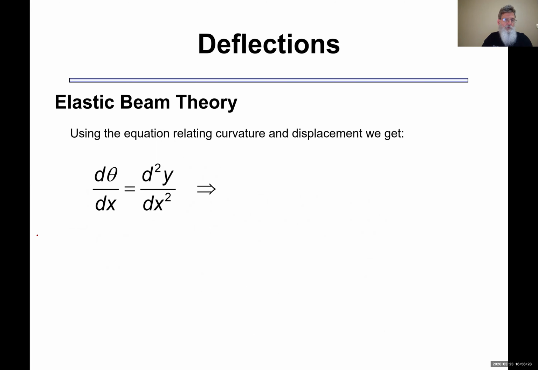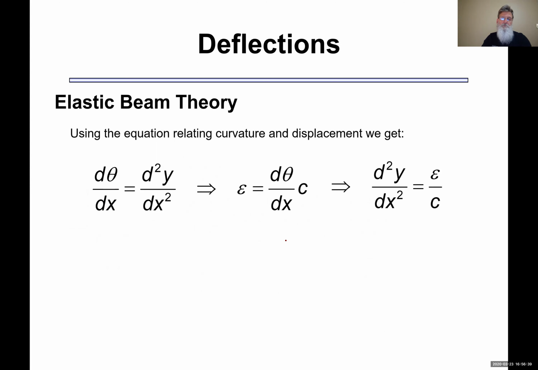Remember, we had our relationship that the derivative of the slope was equal to the curvature. And now we know that strain is also equal to that same derivative. So we can put those two things together. Now I know the second derivative of y, which is the derivative of dθ, and there's dθ again, I can rewrite as strain over c. That's pretty good. So we're moving now towards displacement and strain.